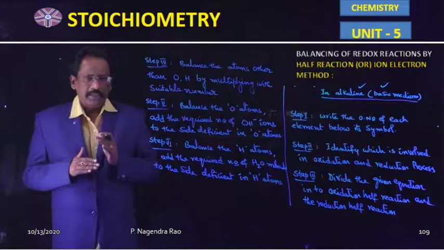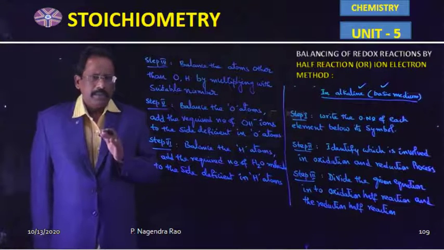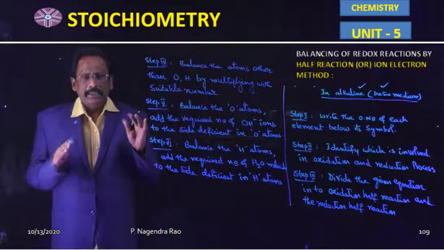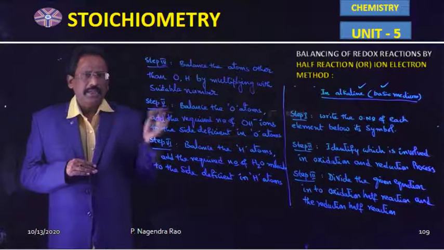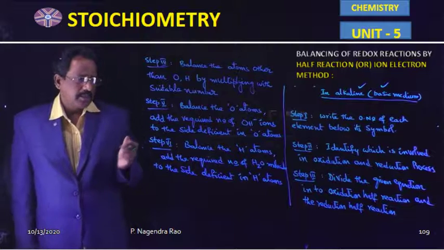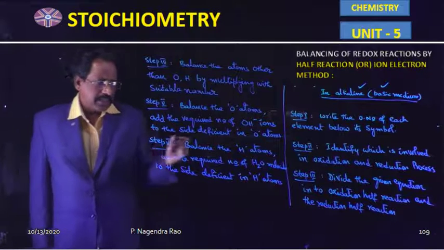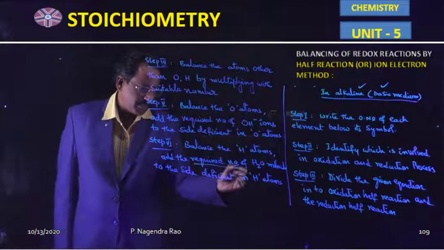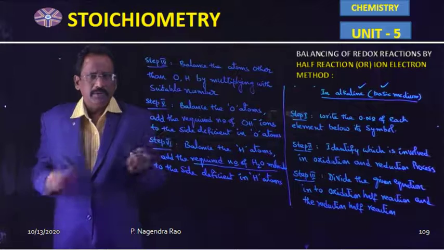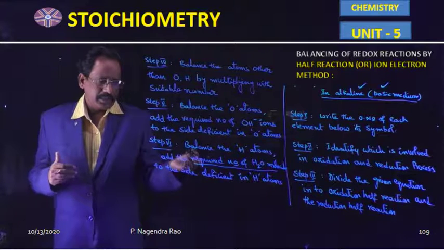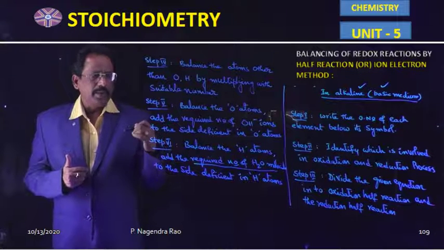Suppose if the reaction takes place in acidic medium, to balance the hydrogen atoms, add the required number of H plus ions to the deficient side. But here in basic medium, to balance the hydrogen atoms, add the required number of H2O molecules. Because of this addition of water molecules, both oxygen and hydrogen vary.